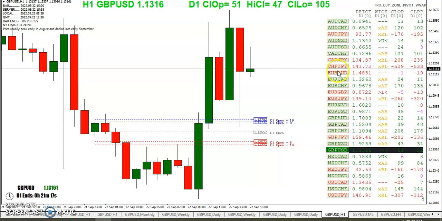You've got the euro AD in the buy zone, the euro pound is in the buy zone, and the New Zealand Canadian dollar in the buy zone. Buy zones are within 10 pips of the open. So you can take those open crosses if you like, or you can wait to see if it's going to really make that move or not.